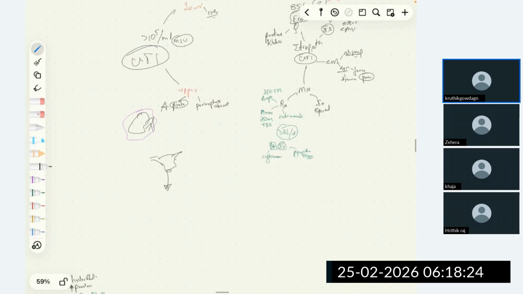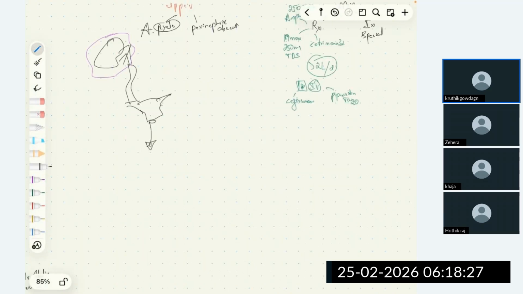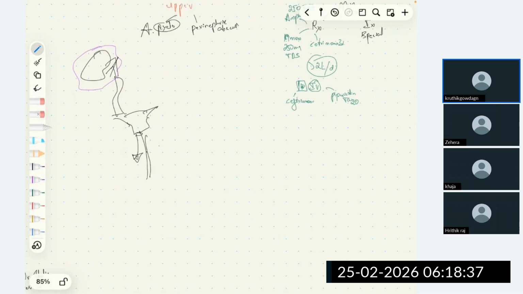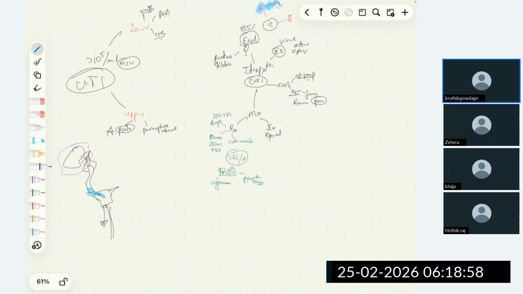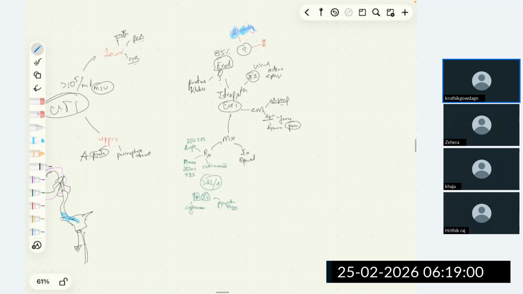There's obstruction anywhere between the renal pelvis and the urethra due to prostatic enlargement, any malignancies, renal stones, or vesicoureteric reflux and renal pelvis dilatation seen in children, and many other causes of obstruction. With all these causes, there can be ascending infection from here to the kidney, leading on to acute pyelonephritis or perinephric abscess.